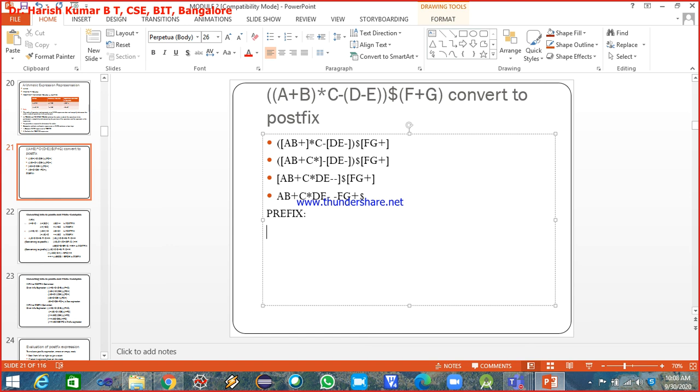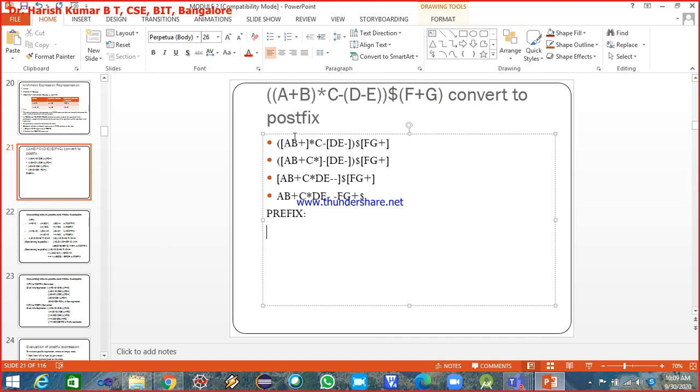I hope all of you finished converting this into prefix. Can I get the answer? What is the answer? I'll write the final answer. Otherwise, you convert this into prefix, and tomorrow when I join, I'll show you again.